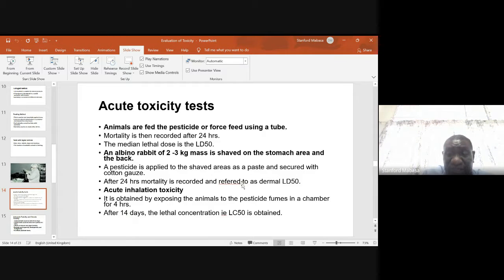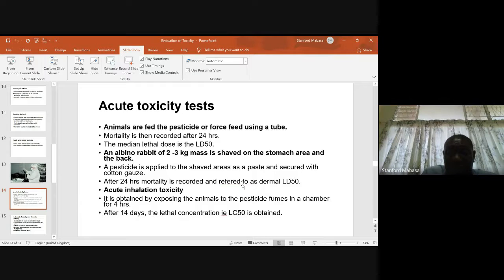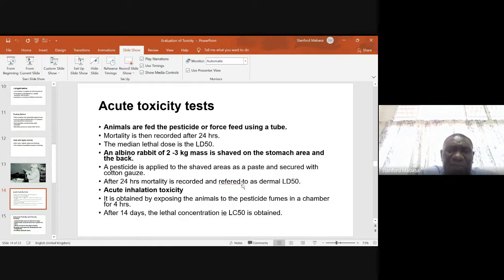This is actually dermal toxicity and is measured using LD50. So in that case, you are going to use an albino rabbit, where you have to shave it so that you can directly put the pesticide on its skin and study the behavior of that animal.